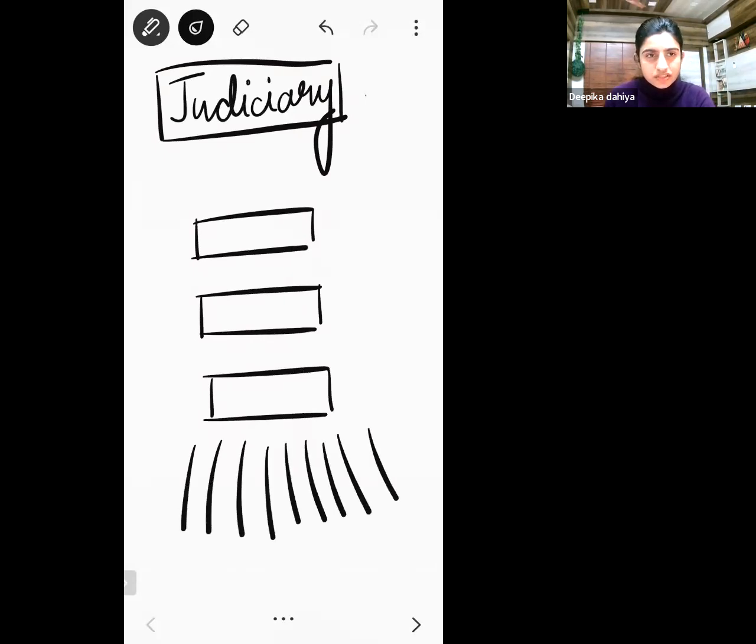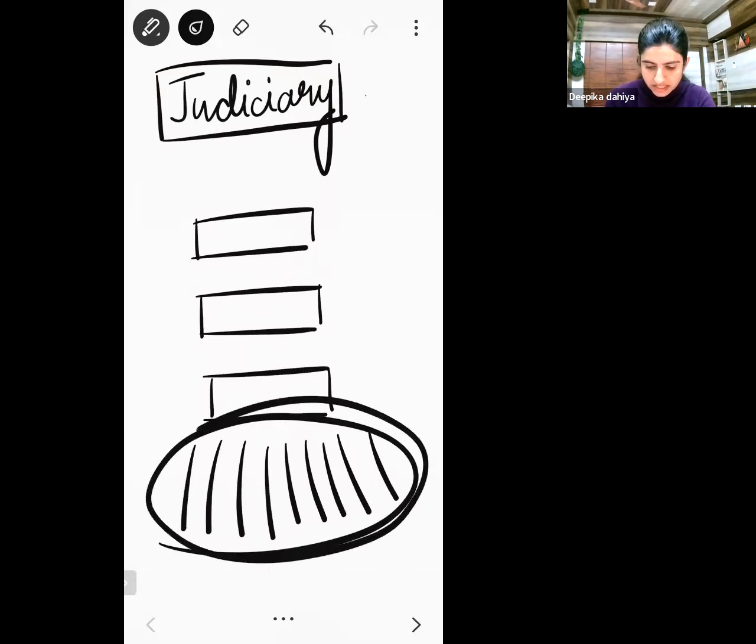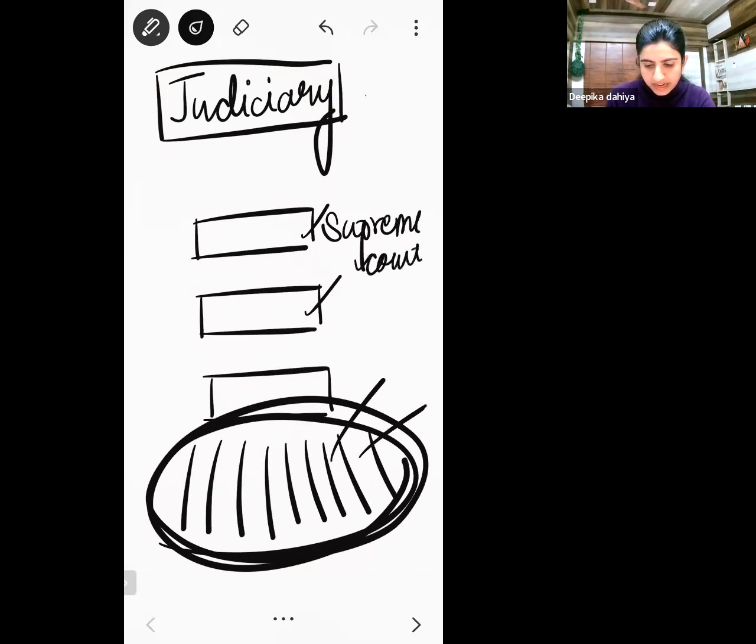There are a number of judiciaries that come under this lower judiciary category, such as gram nyayalayas and many other smaller judiciaries, but that is not our concern today. Our concern is the top level judiciaries. At the top you have the Supreme Court, and below that you have the High Court.